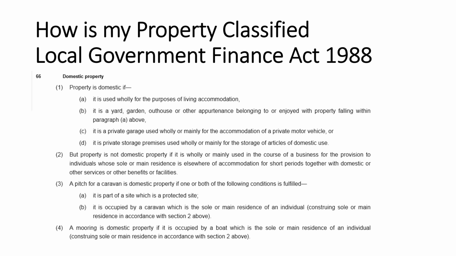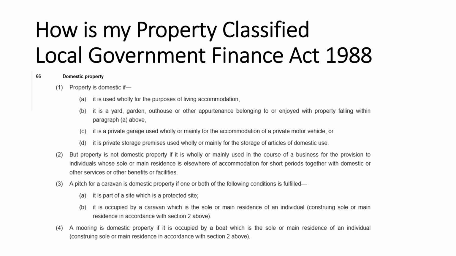And then if we go here under number 2, property is not domestic property if it is wholly or mainly used in the course of a business for the provision of self-catering holiday accommodation, or is used by an individual whose sole or main residence is elsewhere. Okay, so property is not domestic if your main residence is elsewhere. So this again confirms that there is a difference between domestic and non-domestic. And then it says a pitch caravan is domestic property if one or both of the following conditions are fulfilled.